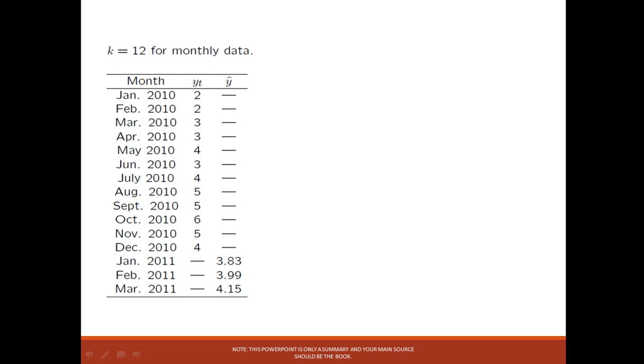The second requirement will be the forecast of February 2011. We will add the demand of February 2011, and we will drop the previous one, which is January, and we will add the forecast of January 2011.